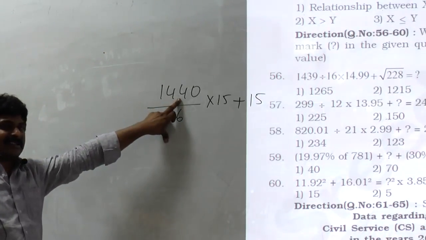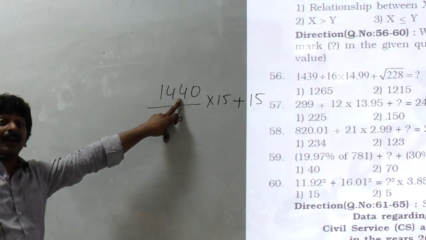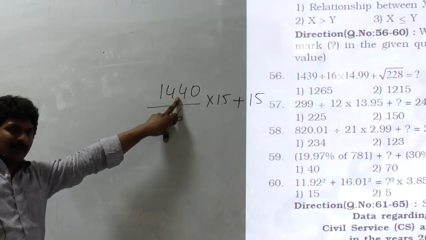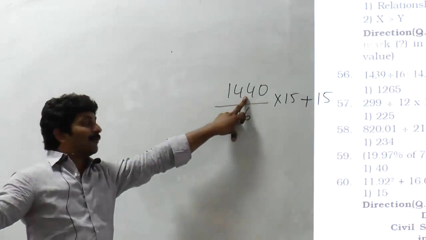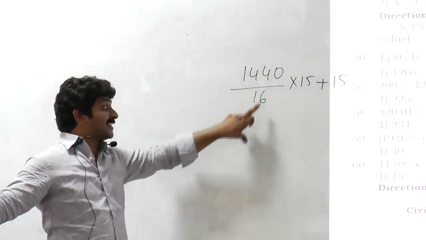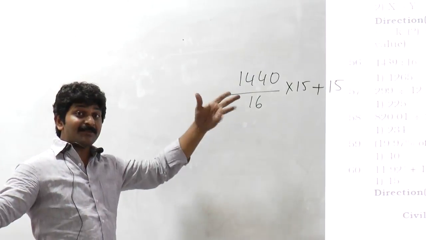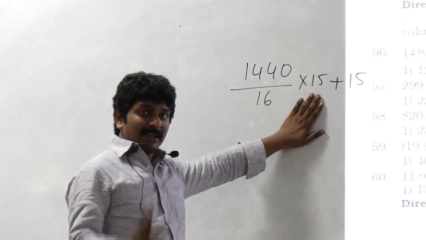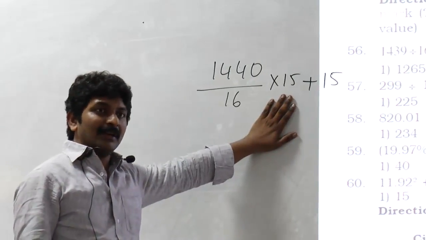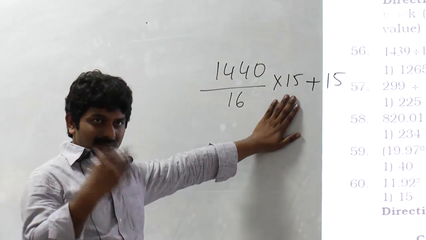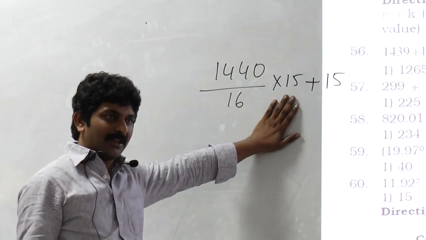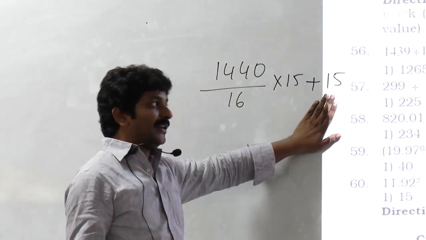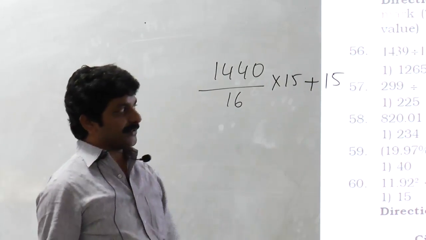This is how much less than 1600? 160, in the sense 10 times, right? 10 times less than 100 times, in the sense 90 times. 90 into 15, 90 10 times, 900, half of 900, 450, 900 plus 450, 1350 plus 15, 1365, fourth option.